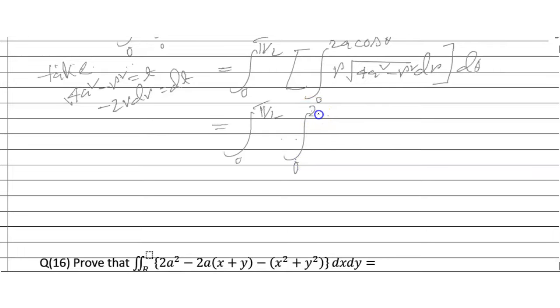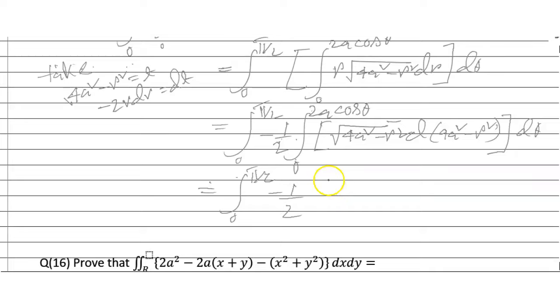I just write 0 to 2a cos theta, minus half into root over t dt, which gives minus half into t to the power half plus 1 divided by half plus 1, that is t to the power 3 by 2, with 4a squared minus r squared, putting the limit 0 to 2a cos theta.